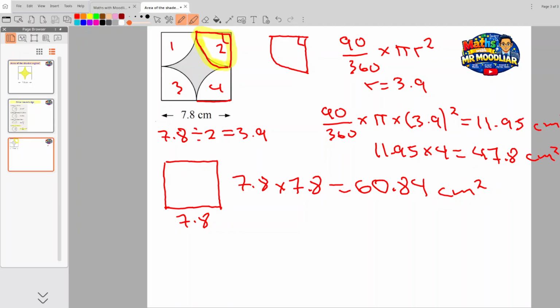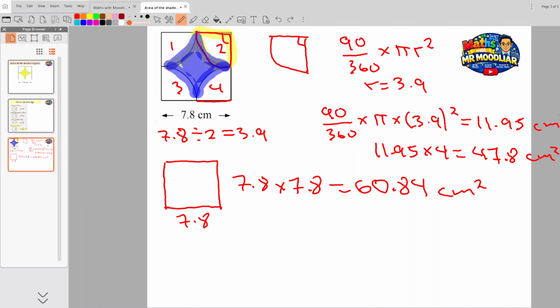So in my final calculation, we're trying to work out the area of the shaded region. Let me just do it again, using a different color, which is the blue region. That's the area that we're trying to work out. And how do I do that?